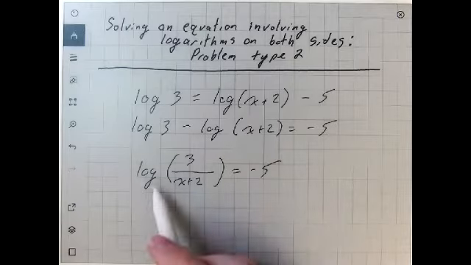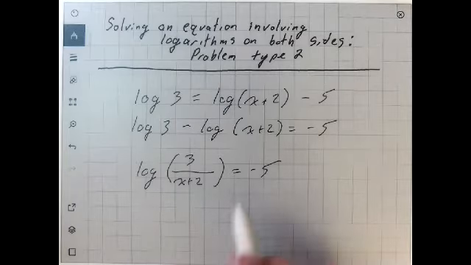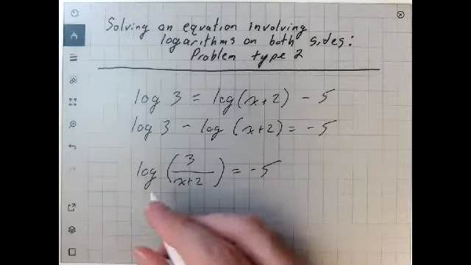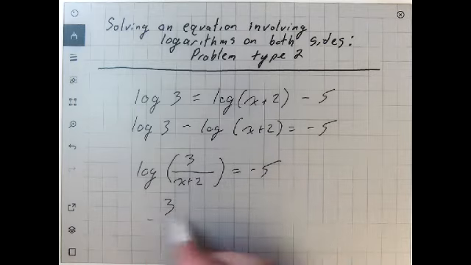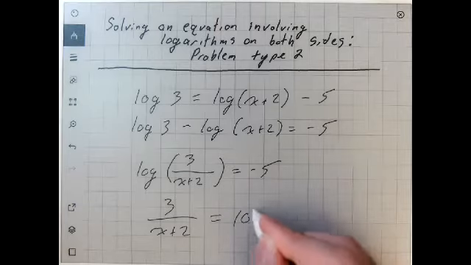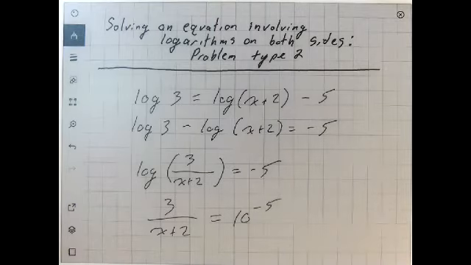This is log base 10, so I can raise 10 to the power of each side of this equation. And since these things are equal, 10 raised to this power and 10 raised to that power should also be equal. So 10 raised to the log of a thing is equal to that thing, and we end up with 3 over x plus 2 is equal to 10 to the -5.